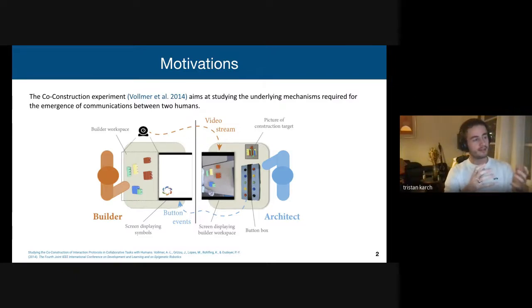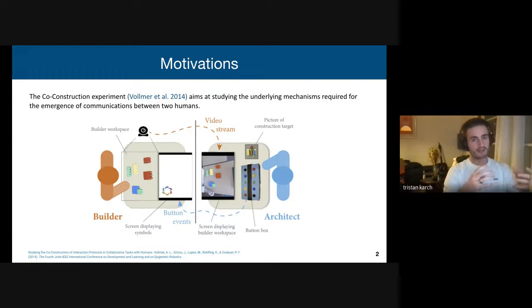However, the builder has no clue of the shape of this construction. The architect cannot act on the blocks because he is in another room, but can send abstract and neutral messages thanks to a button box. The architect is also seeing the workspace of the builder thanks to a video stream.